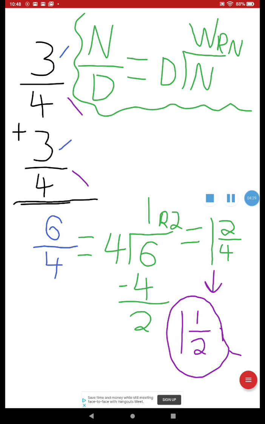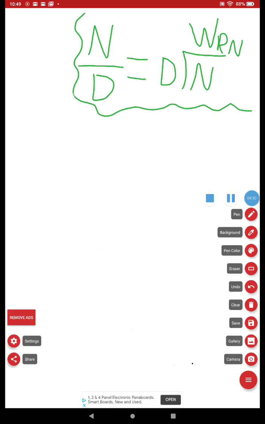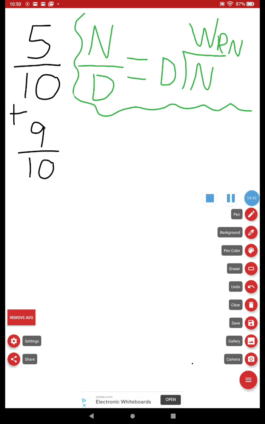Let's do that one more time. All right, guys, I'm going to keep that diagram in front of me all the time because I'm going to need that. Let's take a look at 5/10 plus 9/10. All right, what do we get? 5/10 plus 9/10.